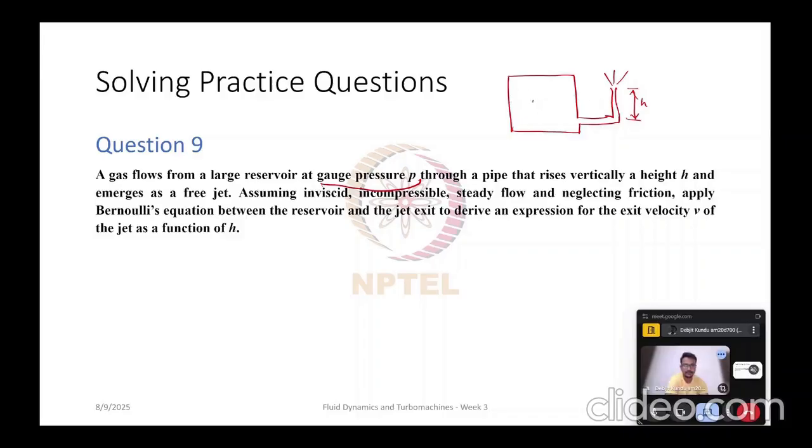And this inside is at a gauge pressure P. Gauge pressure P meaning that it is P units of pressure higher than the atmospheric pressure.